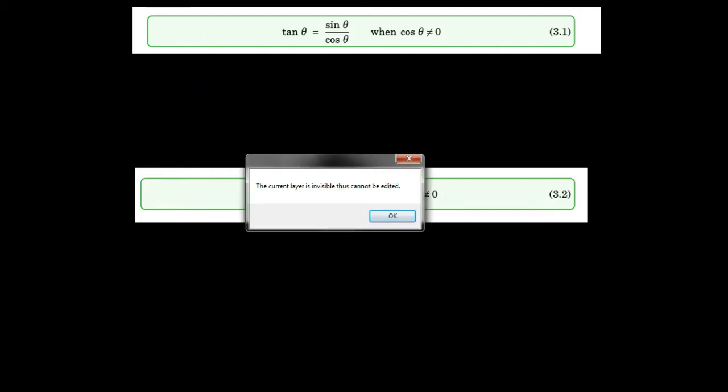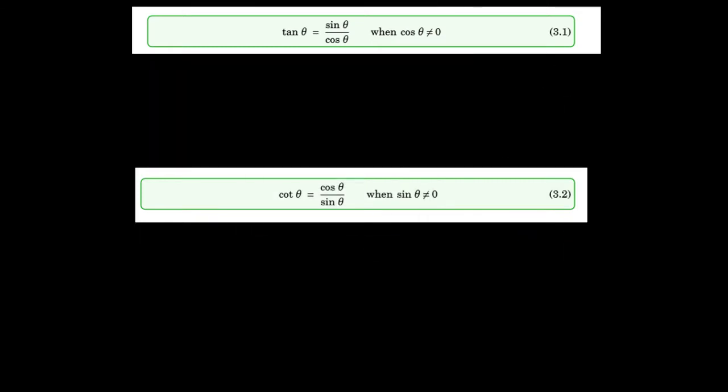This is very useful, the idea of tangent theta equaling sine theta over cosine theta. So if I wanted to show this, we start with sine theta over cosine theta.